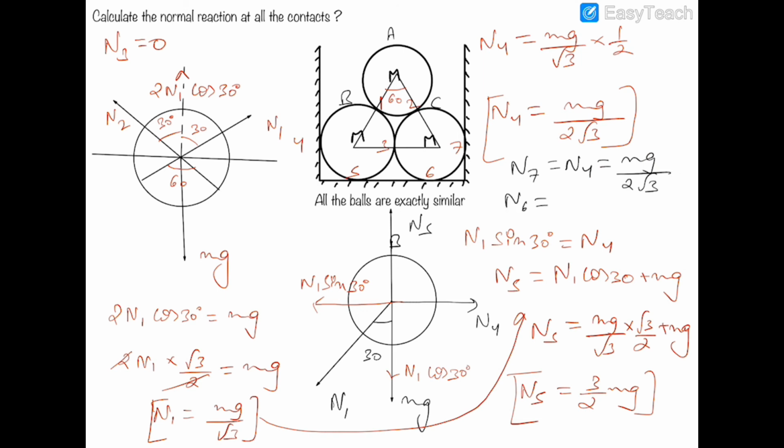N6 will be equal to N5, that is 3 by 2 mg, and we have already stated that N2 and N1 are equal. So these are the values of the 7 normal reactions acting on these 3 balls.